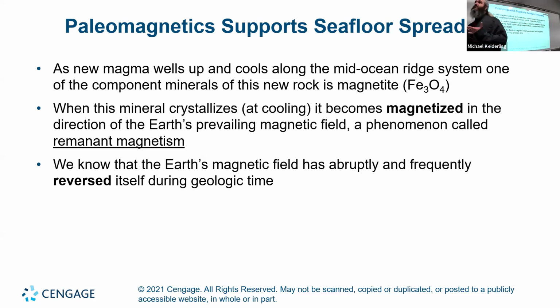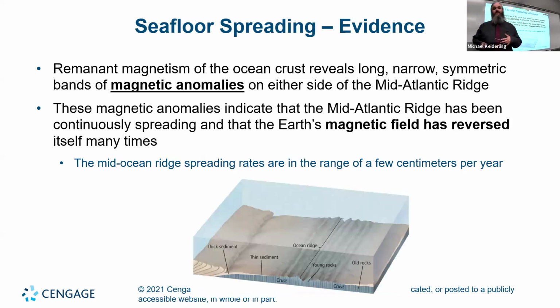And if you look at the remnant magnetism on either side of a mid-ocean ridge or a place where the seafloor is spreading, you see a pattern that looks kind of like a barcode or like zebra stripes of alternating remnant magnetism, and it's a mirror image on either side of the ridge, and it records the spreading of the Earth.